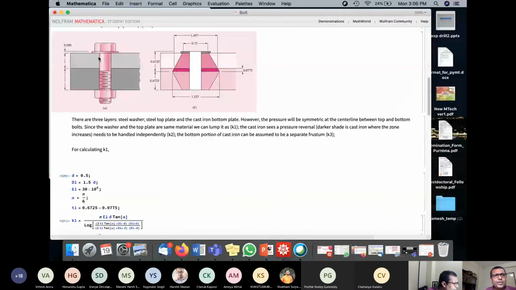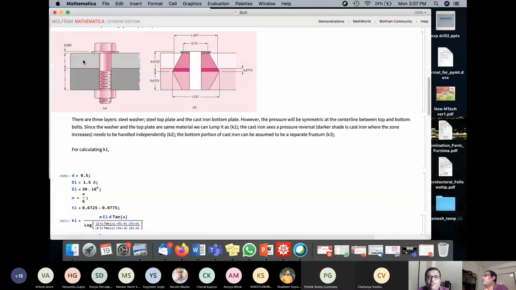0.095 plus 0.5. What will that be? If you want to calculate it, it will be 0.095, which is the thickness of the washer, plus 0.5, which is the thickness of the top plate, plus 0.75.